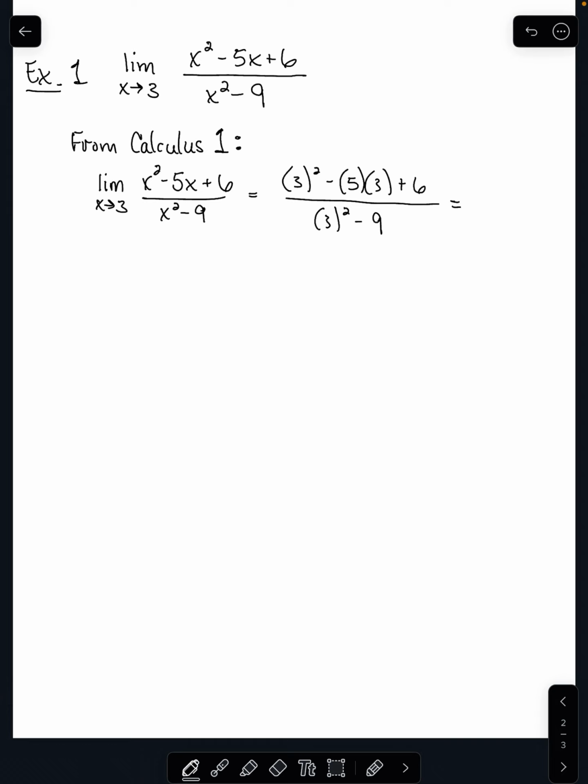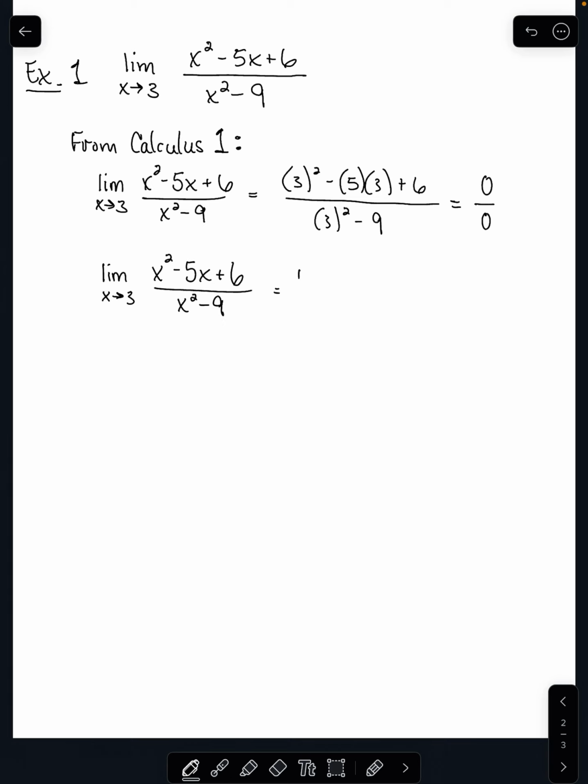However, in evaluating the numerator, we would find that it results in 0, while evaluating the denominator also results in 0. Now this, of course, did not mean that the limit did not exist. It meant that we needed to find a new form of the expression that was equivalent everywhere except perhaps at x equals 3.